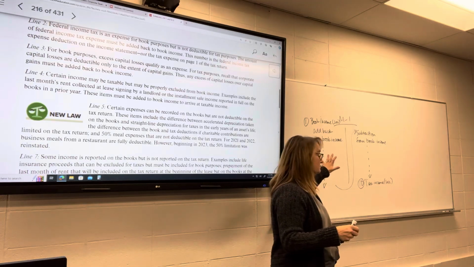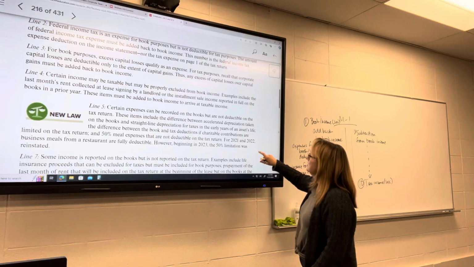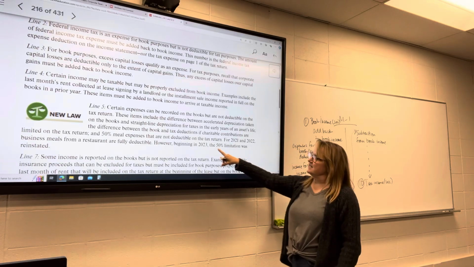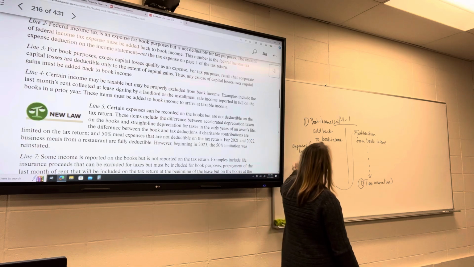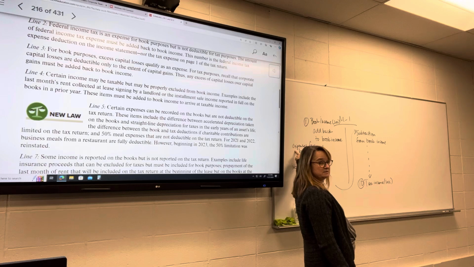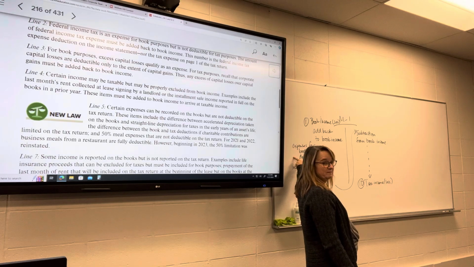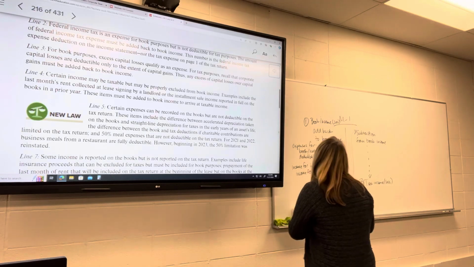But we would have them as an expense on our books. Okay. Let's see, what else? 50% meal expenses as well. So we would have taken 100% of our meal expenses on our financial statements, but we can only take 50% of them on our tax return.